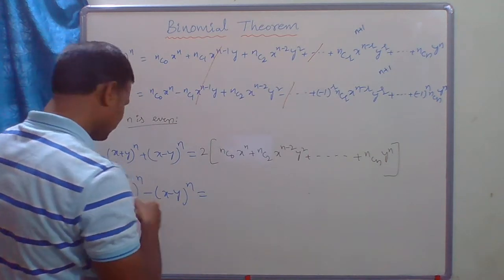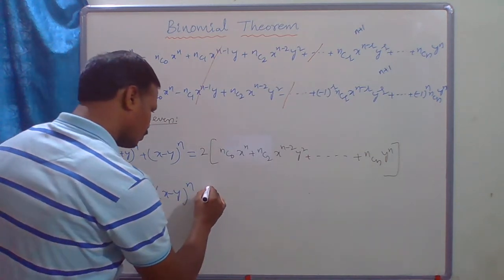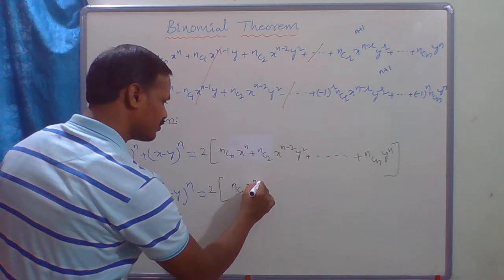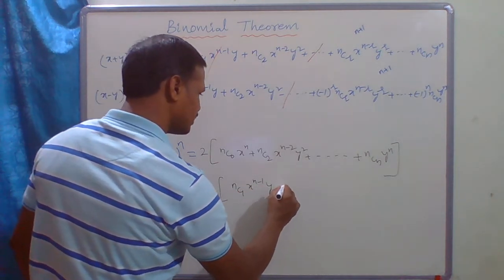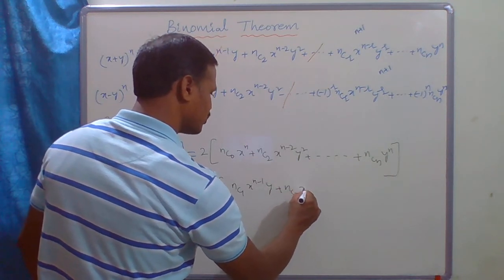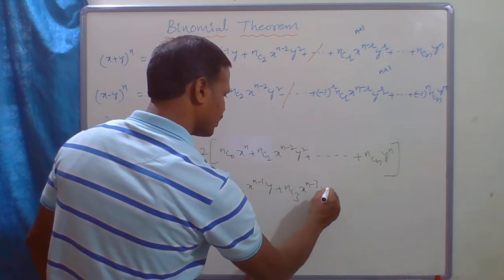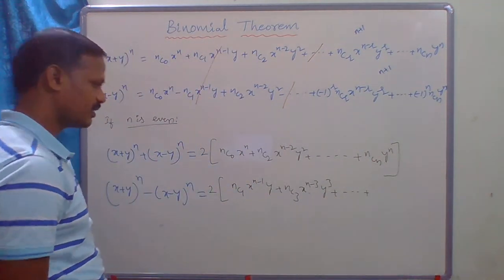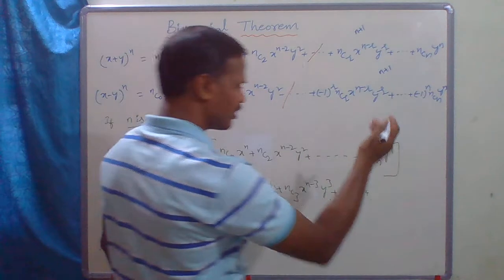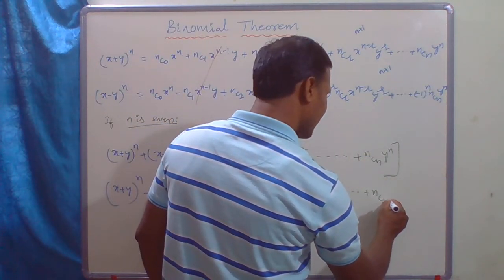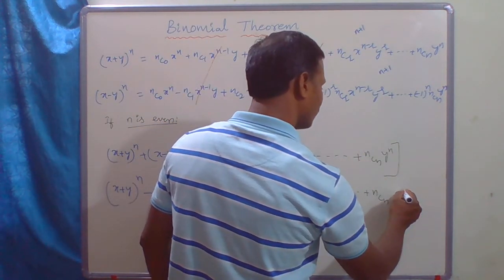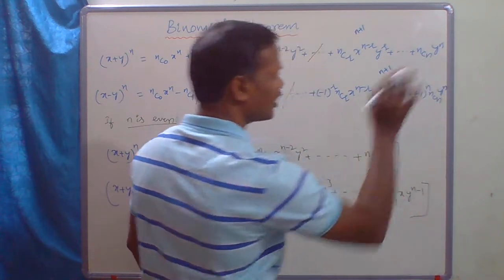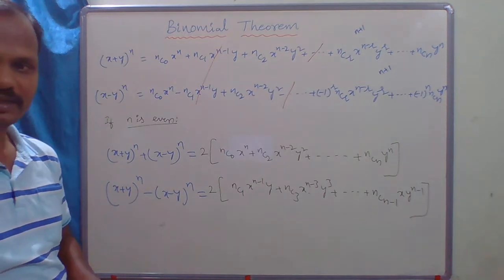So that is 2 into [nC1 x^(n−1) y + nC3 x^(n−3) y³ + and so on], okay, clear? And at last nC(n−1) x y^(n−1). The last terms will be cancelled, yes or no?